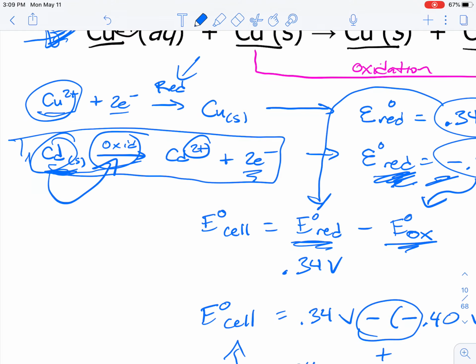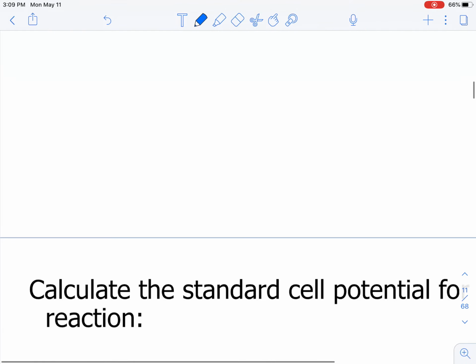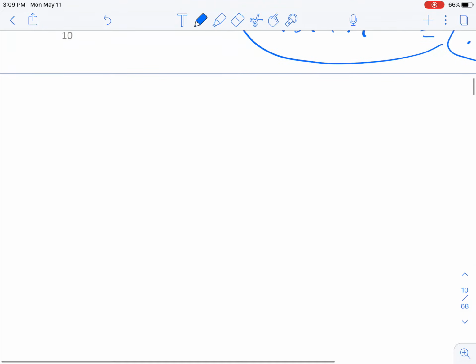And so remember that oxidation is the anode, and reduction is cathode.